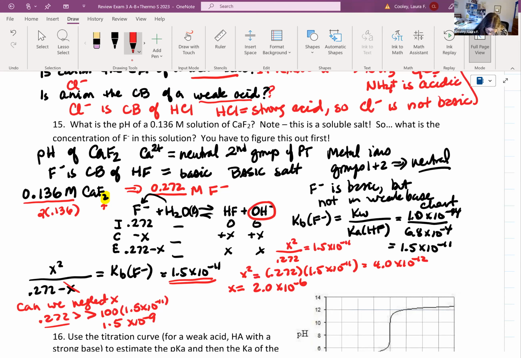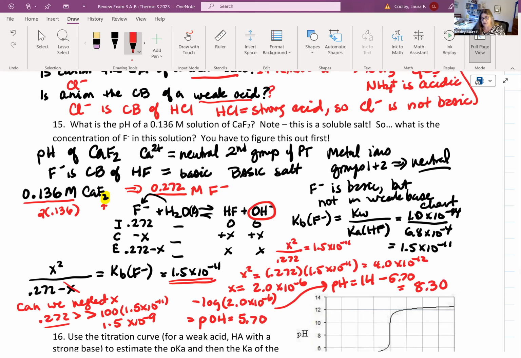So when I take the negative log of that, that's the pOH. And it's 5.70. So the pH, 14 minus that, comes out to 8.3, which is great because that's a basic pH. And we know this has to be basic, and it is, okay?